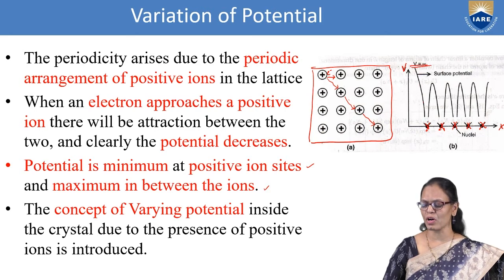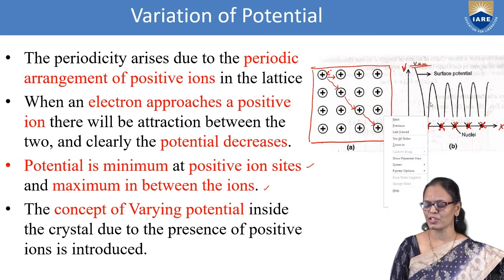Now if an electron approaches a positive ion site, the potential is minimum. So at this side it is minimum. Now when it moves away from this positive ion site, between these two, the potential is maximum.